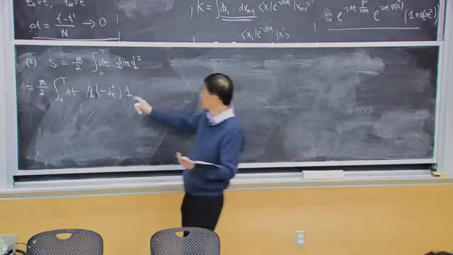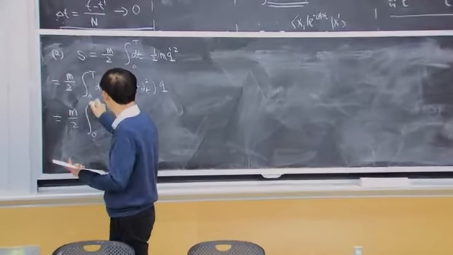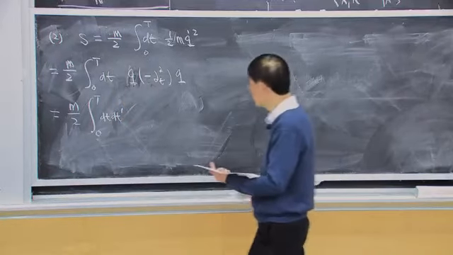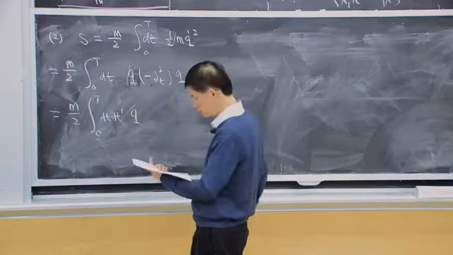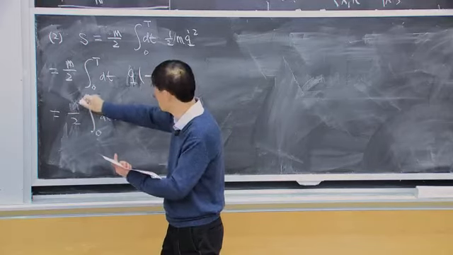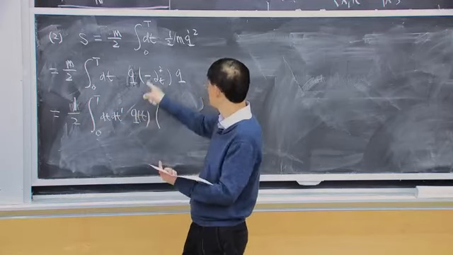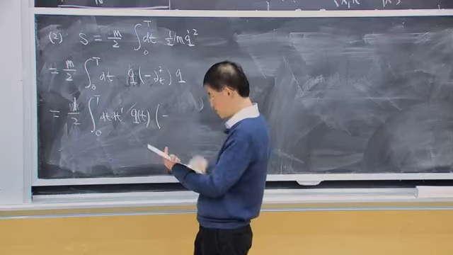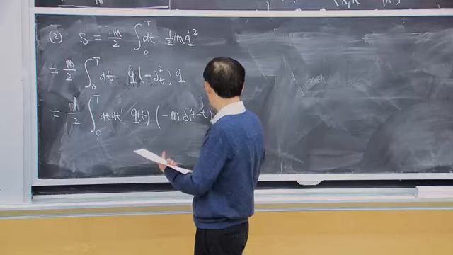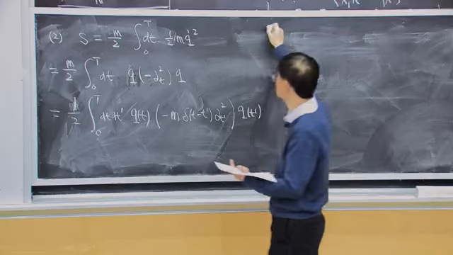So now I'm going to write this expression a little bit further. I'm going to introduce t and t prime. Let me just write it as 1/2 q(t), and I write here minus m delta(t minus t prime) partial t prime squared q(t prime).